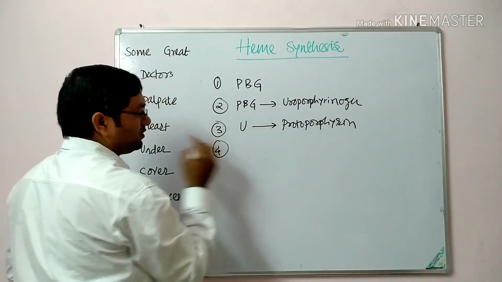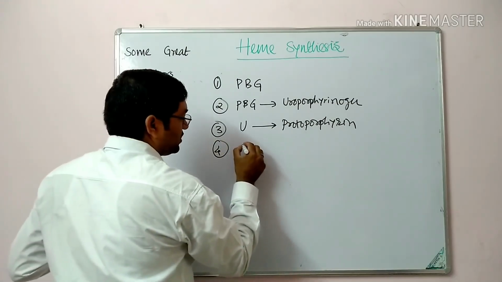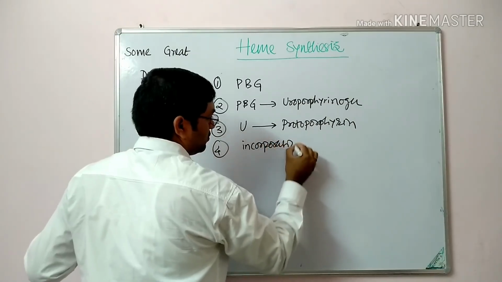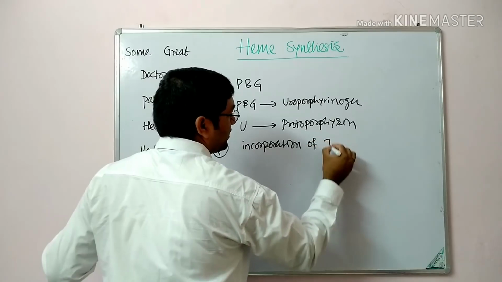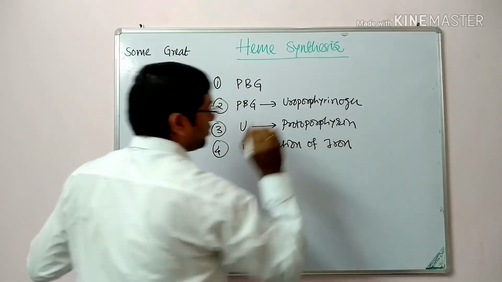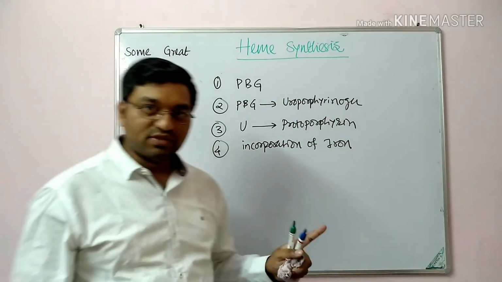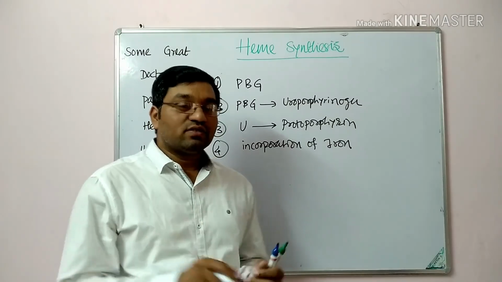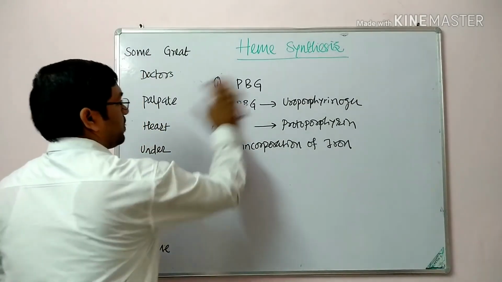And fourth one, incorporation of iron in the protoporphyrin. These are the 4 important steps in the heme synthesis. Now we will discuss them one by one.